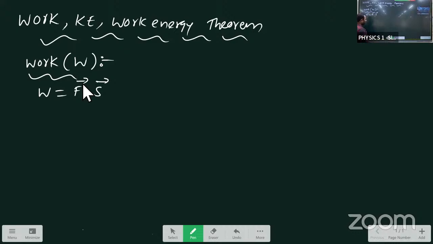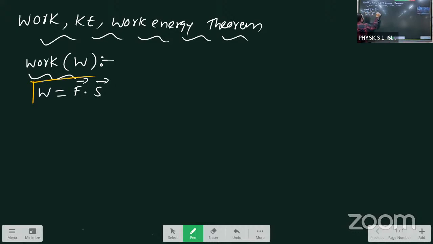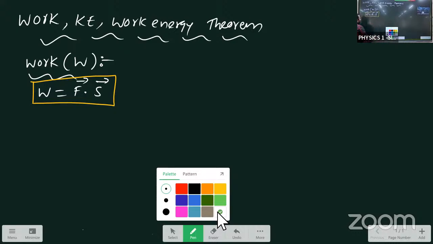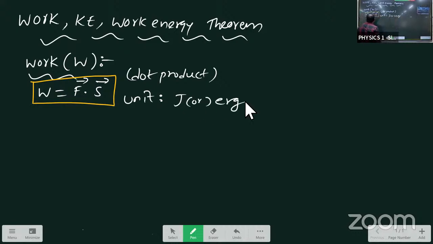Work is denoted with capital W. So work equals F dot S. F is nothing but force, S is nothing but displacement, the dot product of force and displacement. The SI unit of work is joules, otherwise CGS units, erg.